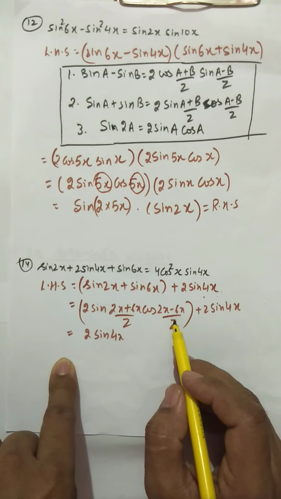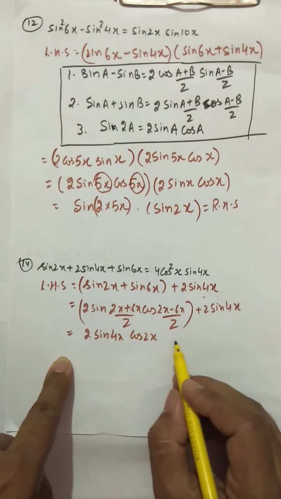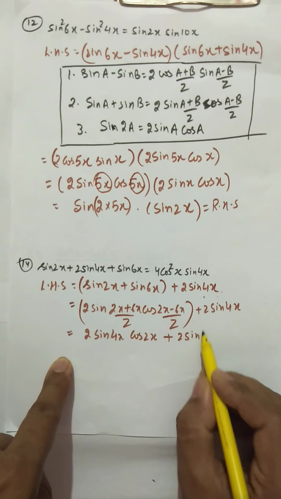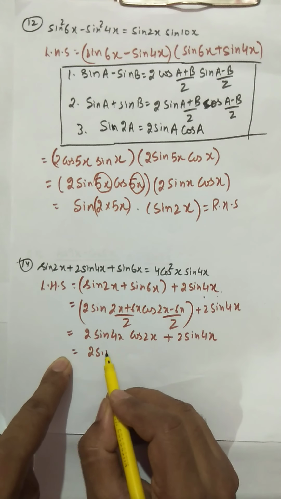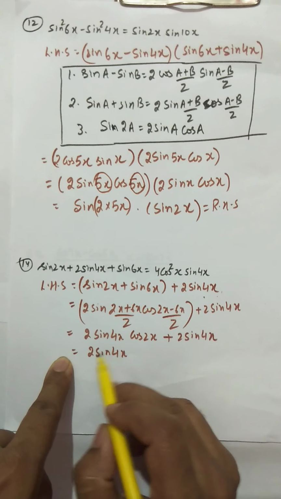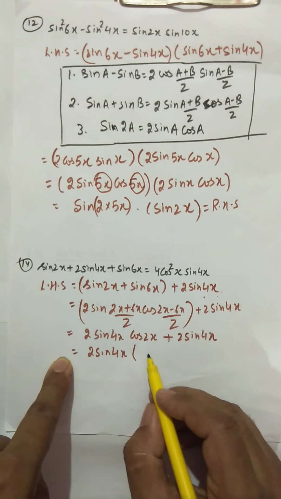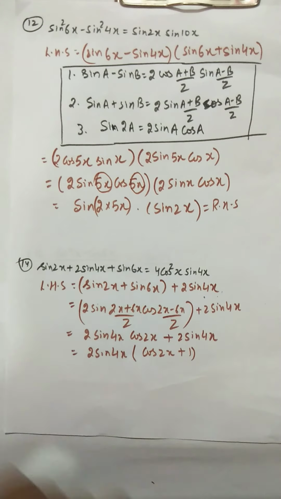But cos of minus theta is cos theta, so you can write that as cos 2x, and this is plus 2 sine 4x. Now you see that 2 sine 4x is common. You need that also in the answer. This sine 4x you need, so this has come common. So you can write cos 2x, and this is going to be 1.